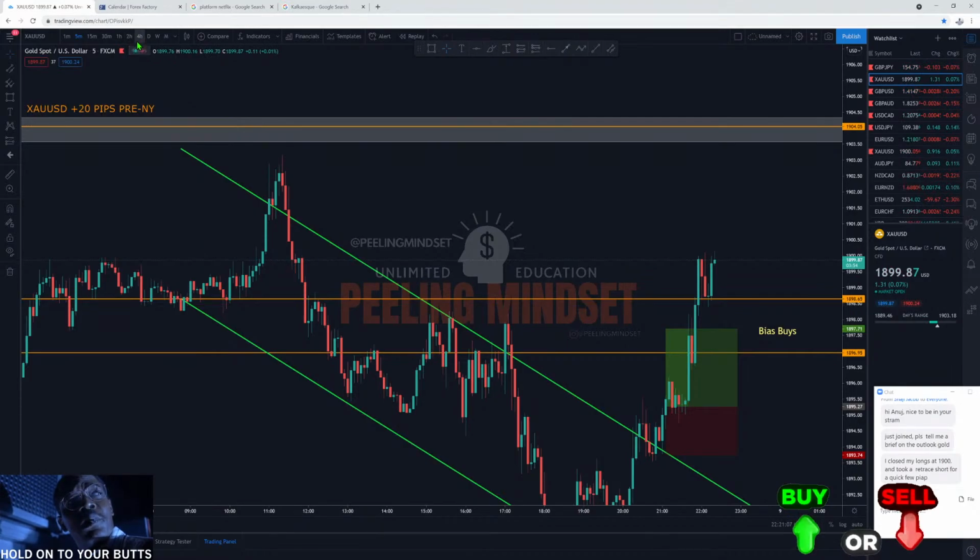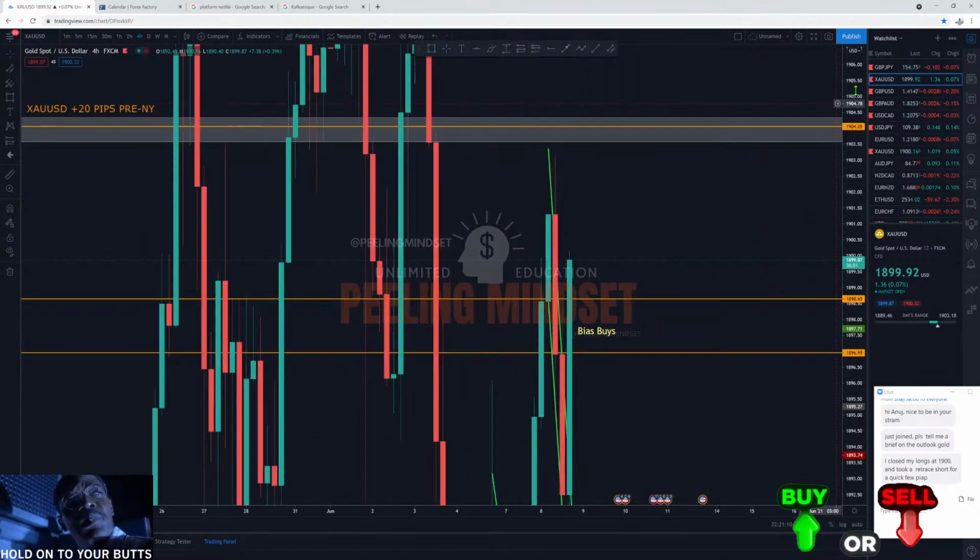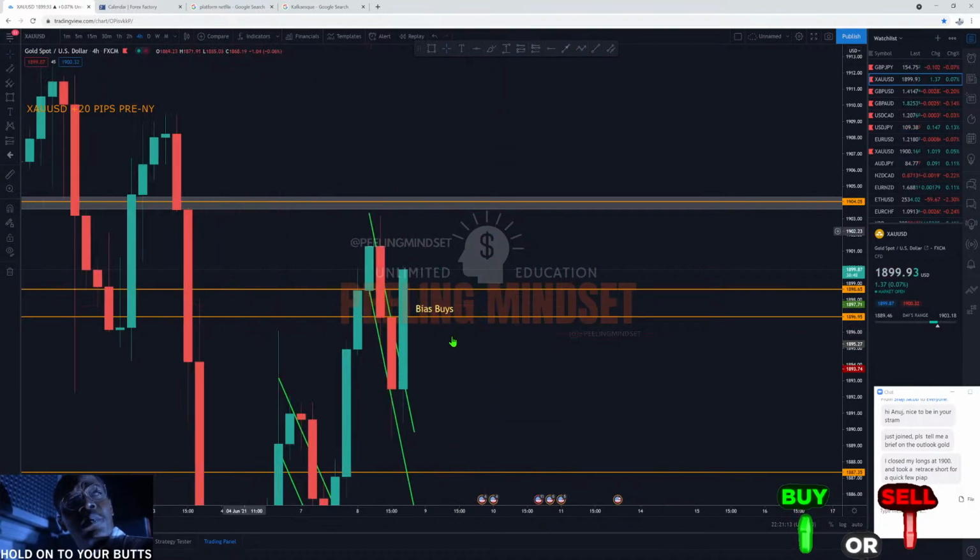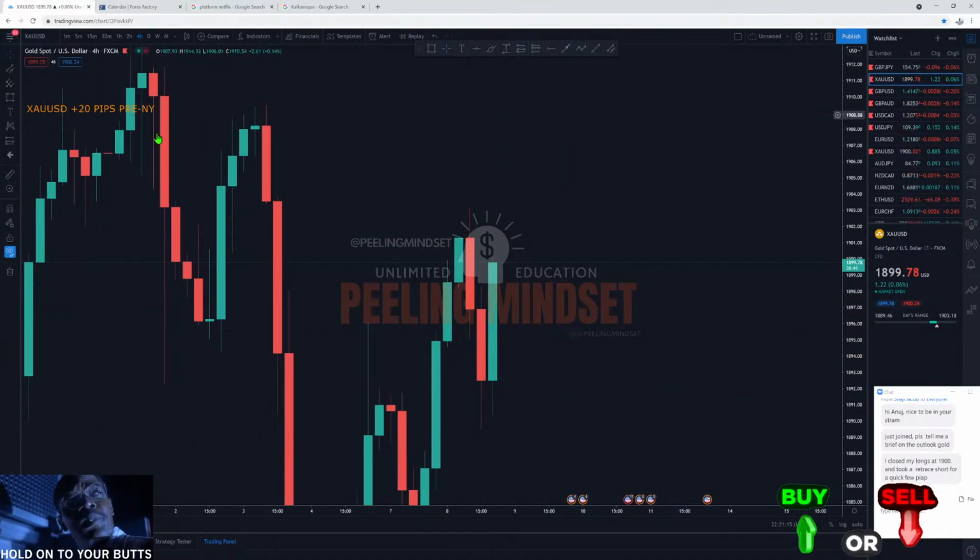I forgot that the 4-hour candle is about to close, because this current 4-hour candle can easily retrace. Either the 4-hour candle is going to push up heavily with enough volume and momentum, retesting this previous high, or it can retrace back like this, making a 4-hour support and leaving a wick on the top.